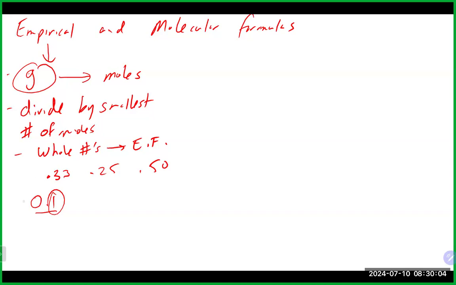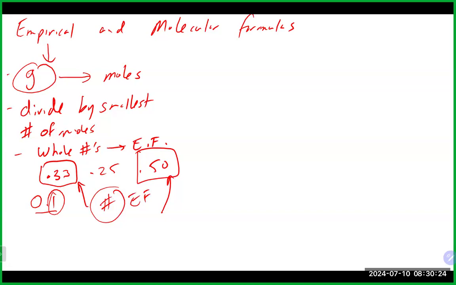So I would say in most cases, 0.33 is a very common one, and 0.5 is also a very common ending after you divide that you don't get a whole number. And again, these are definitely too far to round. So in these cases, you want to find a number to multiply the empirical formula by that will turn these into whole numbers or very close to whole numbers.